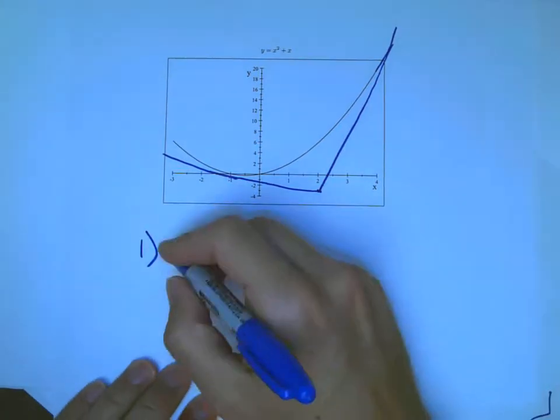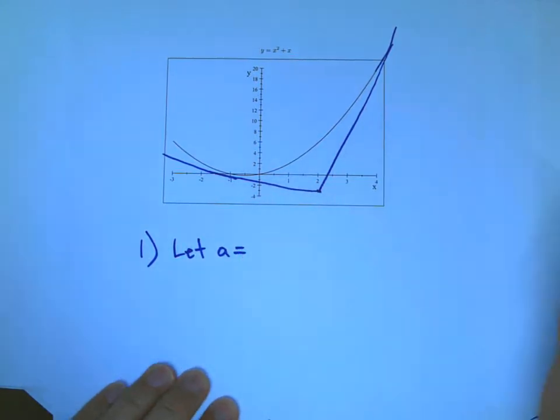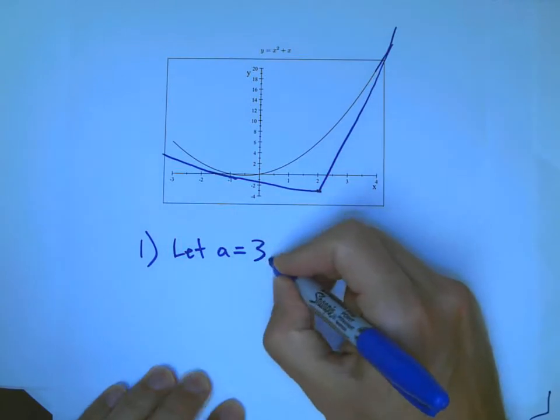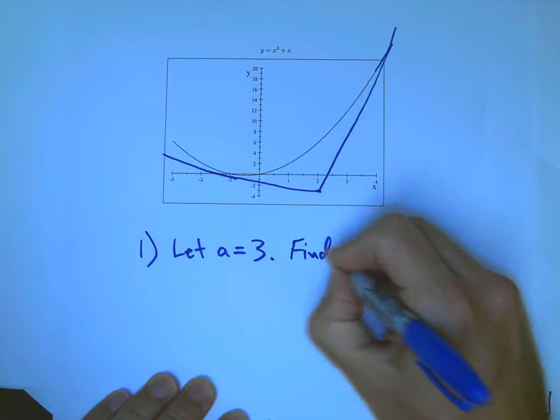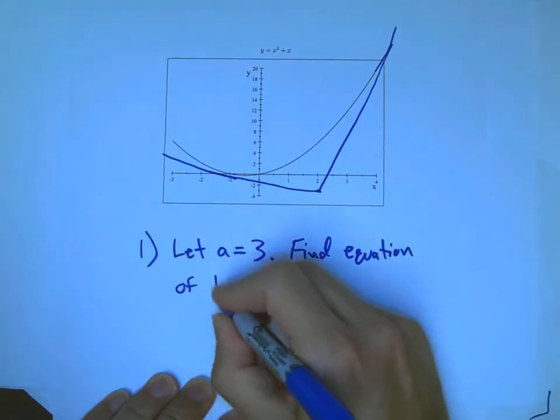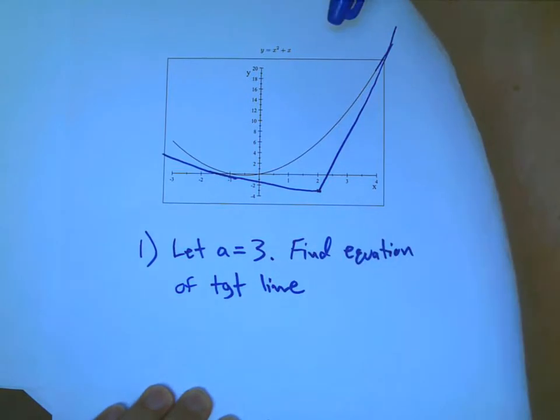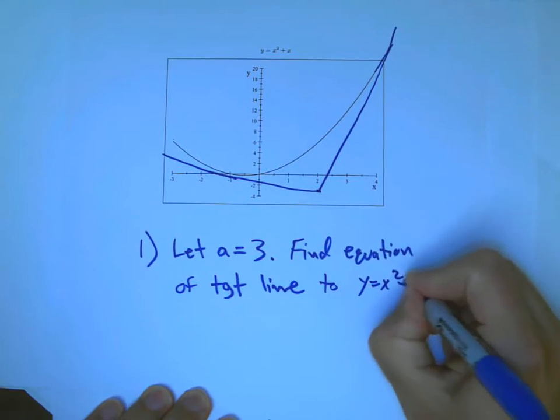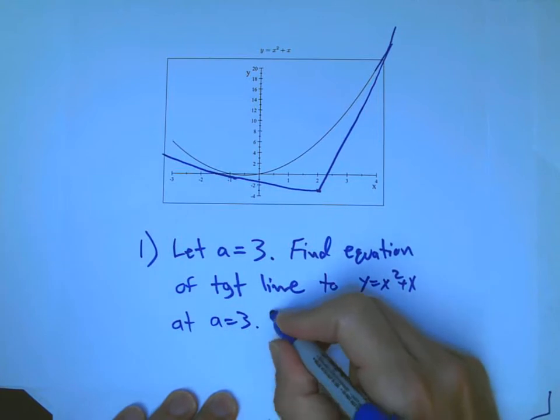So one would be: let a equal, I'm going to pick a number that actually won't work on purpose. It looks like 3 is not going to work. Let a equal 3. Find the equation of the tangent line to y equals x squared plus x at a equals 3.